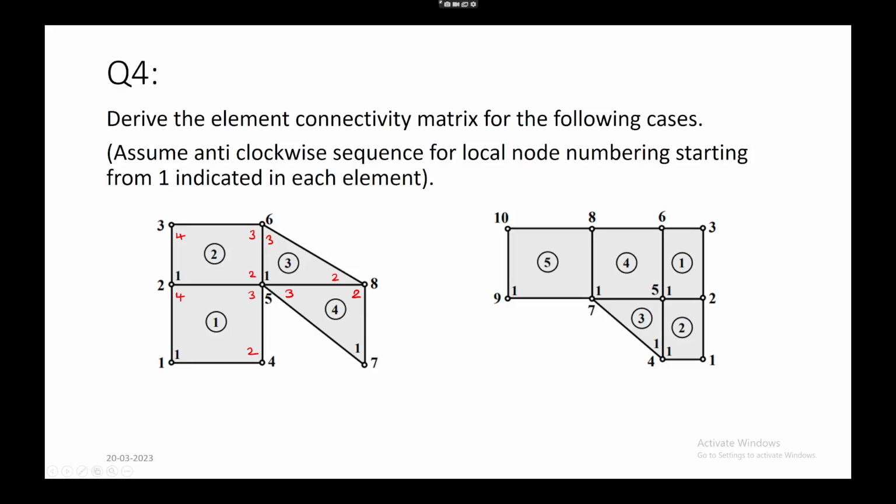Now we will do the second domain. First of all, we saw the same question in the last case, so the dimension is 5 by 4.